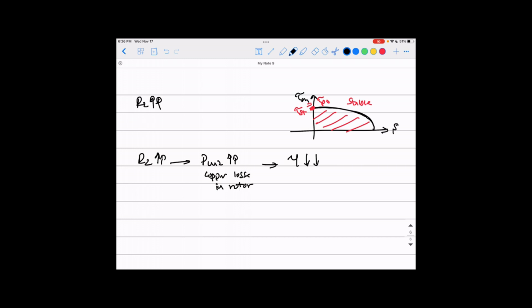And that's the whole point. You have to try to find a compromise between those. Increasing the rotor resistance increases your stability, but it decreases your efficiency. So it's up to you. It's an engineering problem to solve here. Okay, guys, it's not an open way. Everything has a limitation.